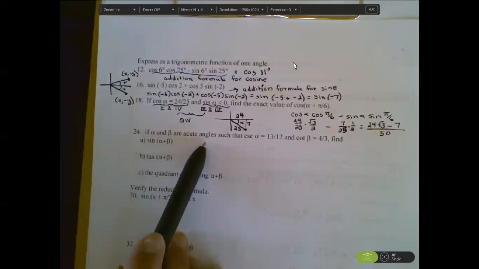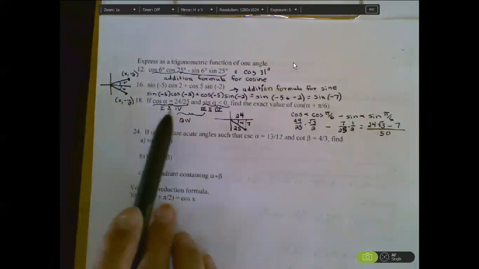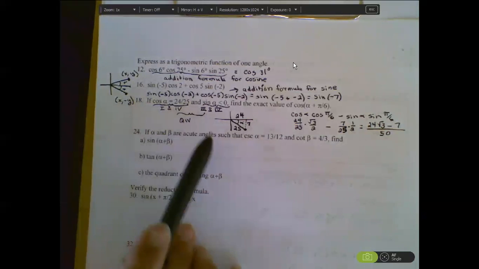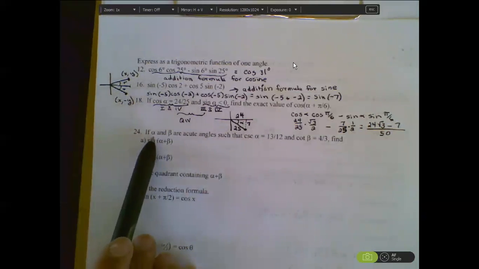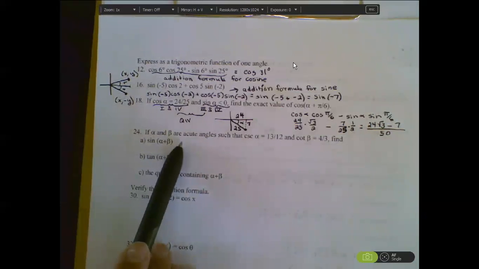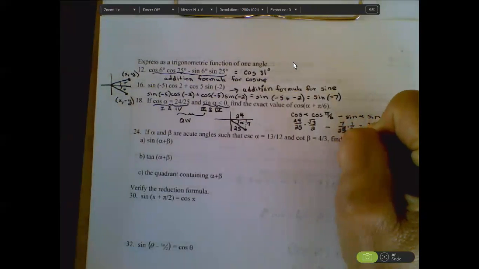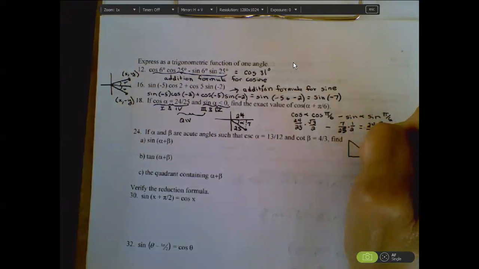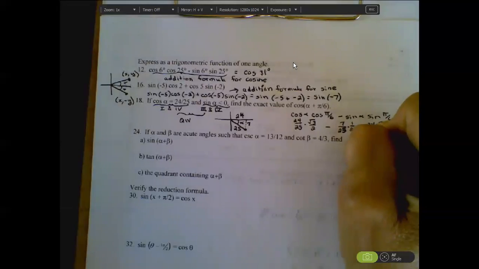It helps you find out which quadrant they're in. Exactly. In number 18, we needed to know what quadrant alpha was in, and in number 24, we're being told that alpha and beta are both in quadrant 1. So I just need to draw a triangle with some angle alpha.